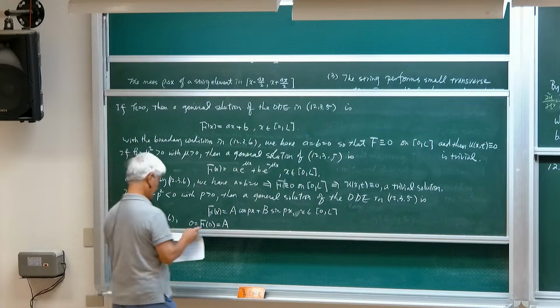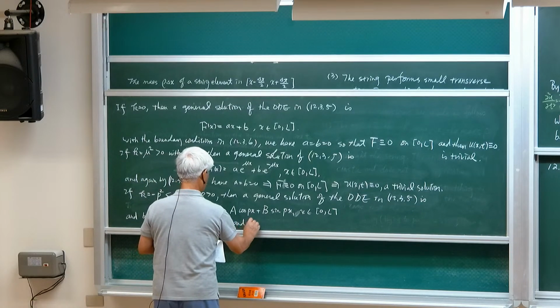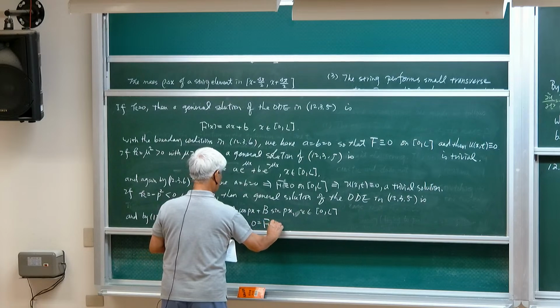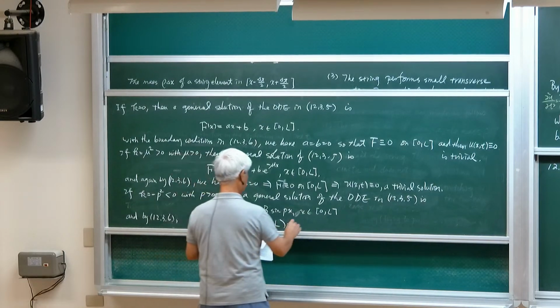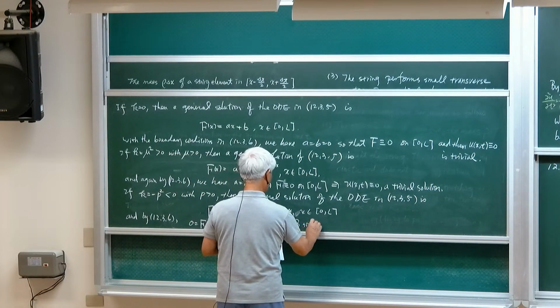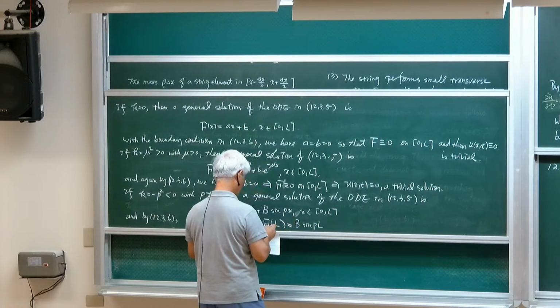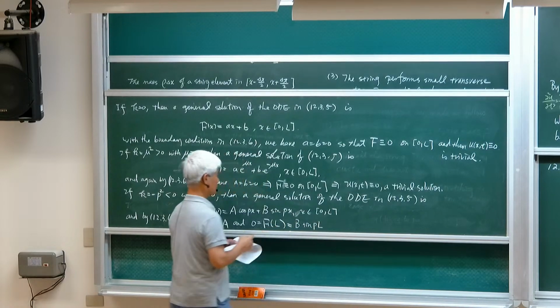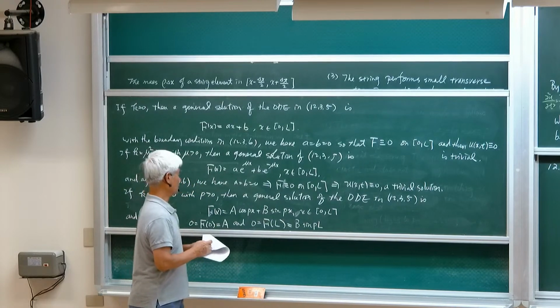And f of L is 0. Now f of L gives you b sine pL, which should be 0, right?